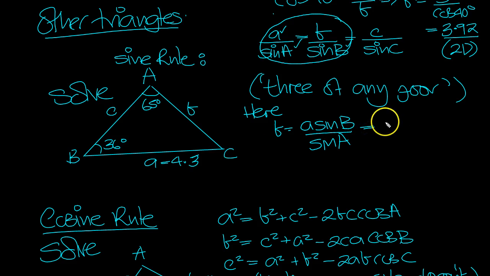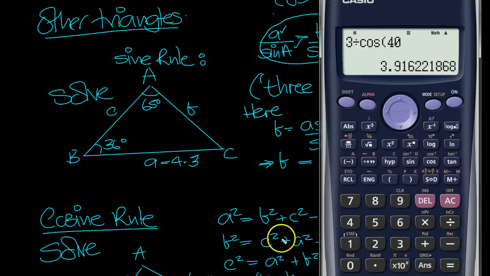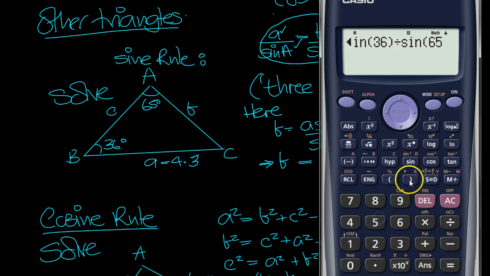Put the numbers in, 4.3, sine B, 36, over sine A, sine 65. So B is equal to then 4.3 times sine 36 divided by sine 65. 2.79.